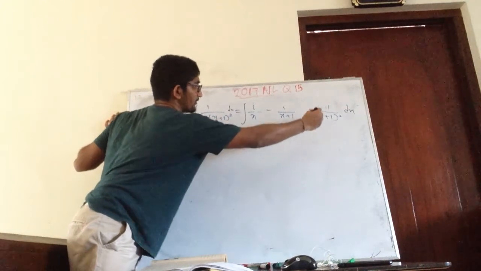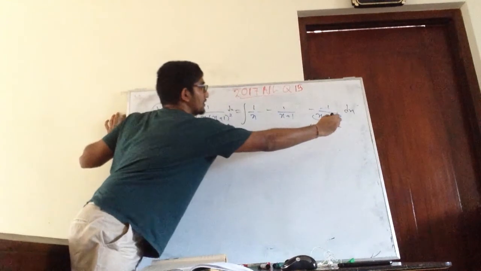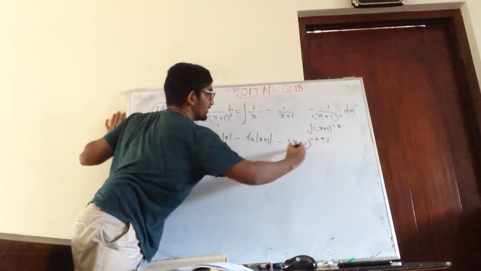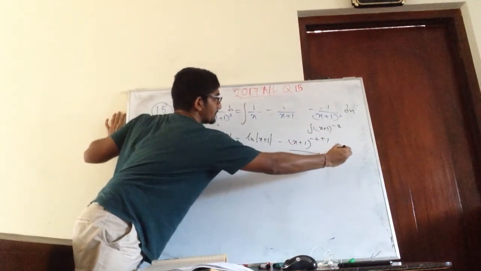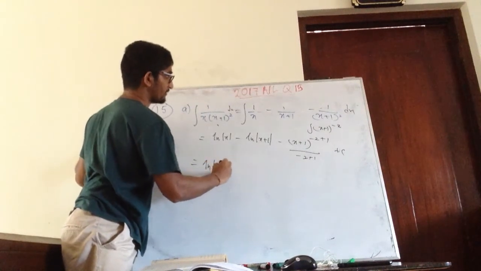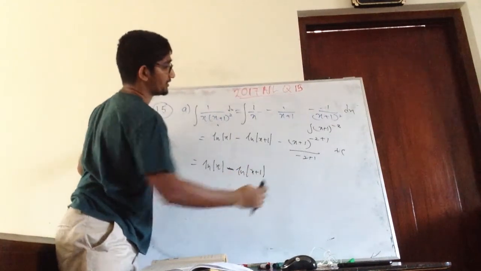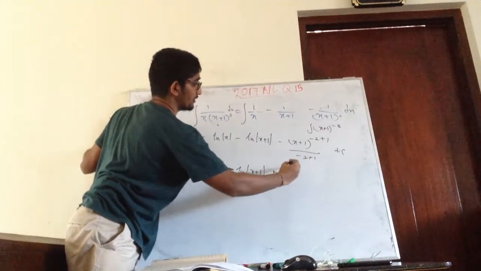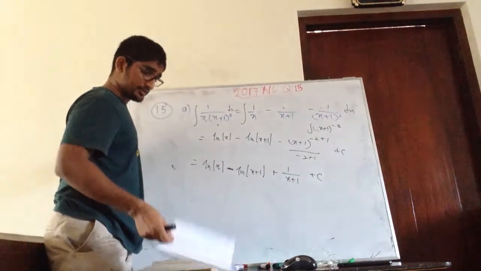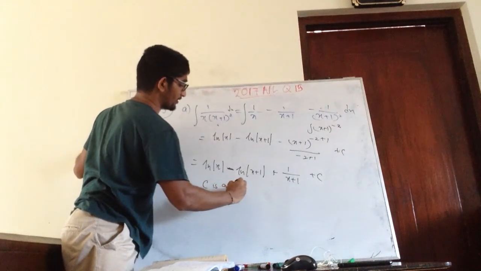If I write this in a more complete way, this is going to be positive, plus c. So is that the answer? Yes, so then I say c is an arbitrary constant.